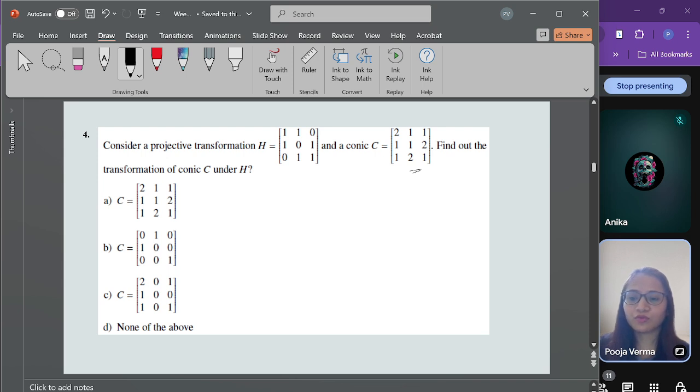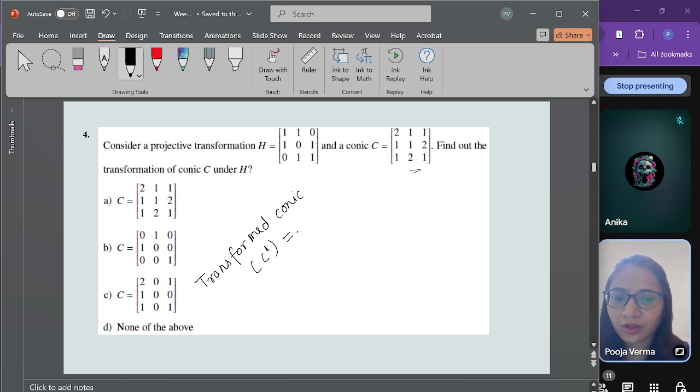To find out the transformation of a conic C under H, I'm just writing out the formula. The transformed conic, we can represent by C dash.